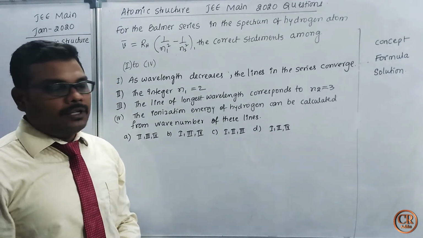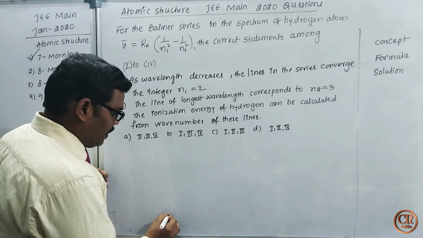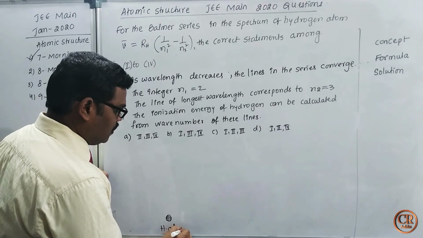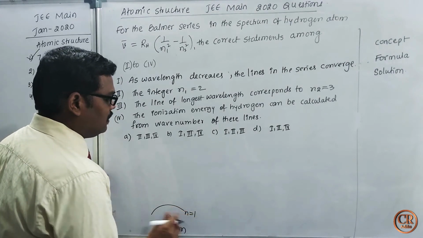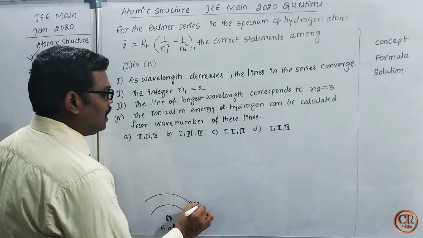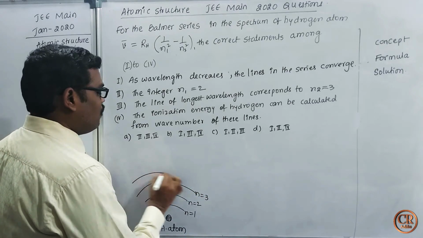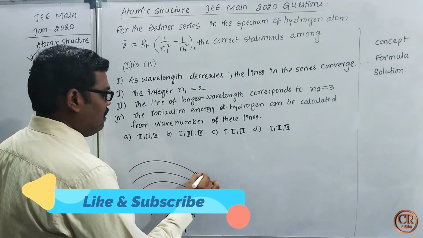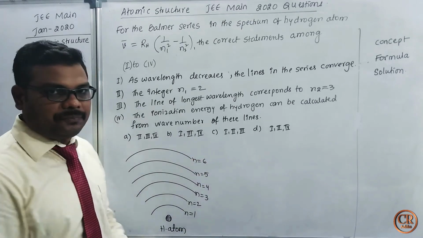So the suitable concept for this is, see, this is a hydrogen atom. For this hydrogen atom, the first orbit n value is 1, second orbit n value is 2, third orbit n value is 3, fourth orbit n value is 4, fifth orbit n value is 5, sixth orbit n value is 6.